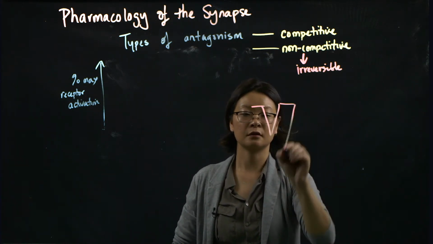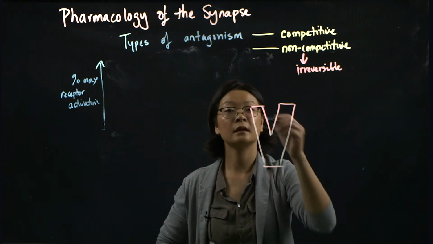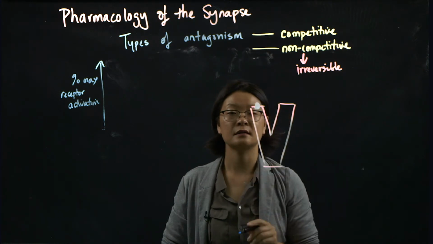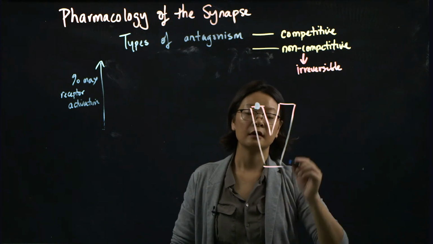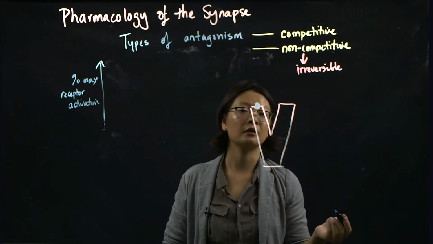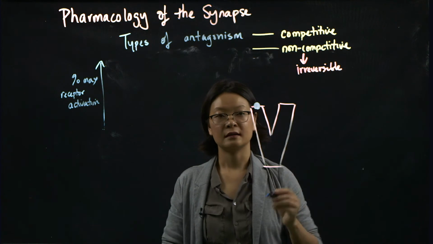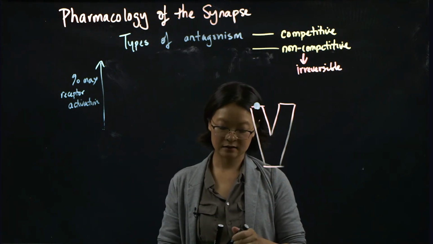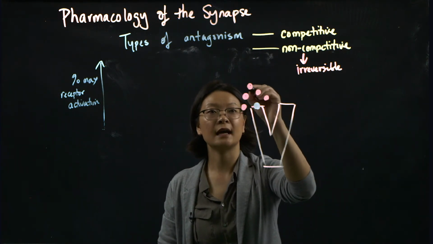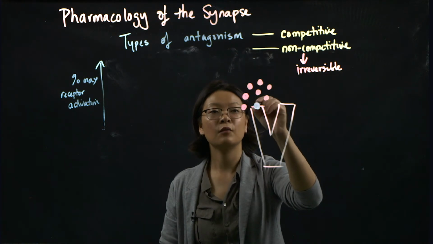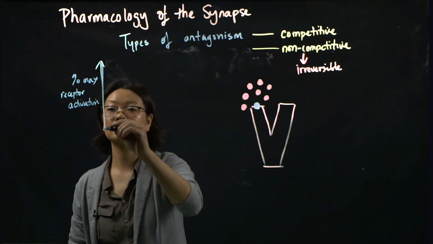So on your receptor, your antagonist occupies the same agonist binding site, but this time it produces either a covalent bond, so an irreversible antagonist, or it has such high affinity for this ligand binding pocket that agonists are essentially unable to outcompete. So it doesn't matter how much agonist you have around, it will not be able to kick off the antagonist.